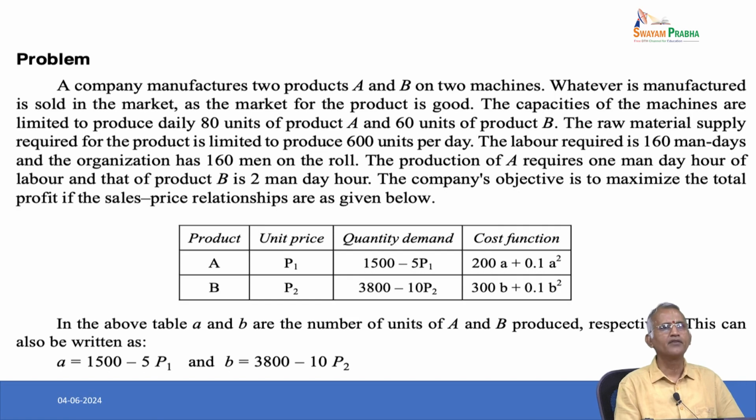A company manufactures 2 products A and B on 2 machines. Whatever is manufactured is sold in the market. As the market for the product is good, the capacity of machines is limited to produce daily 180 units of product A and 60 units of product B. The raw material supply required for the product is limited to produce 600 units per day.